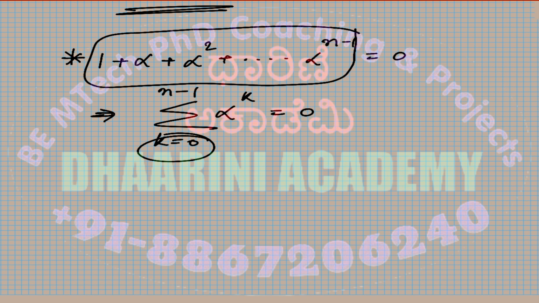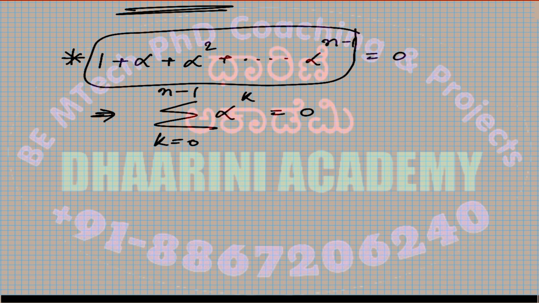All right, now let's try to substitute the value of alpha. So in this equation, if I substitute back the value of alpha, I'm going to get the following equation. So let me put the alpha back in place. What is alpha? Alpha is nothing but cos of 2 pi by n plus I into sine of 2 pi by n. Okay, let me put the summation first.